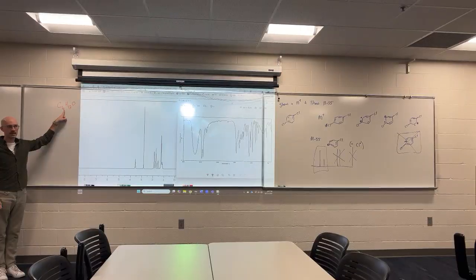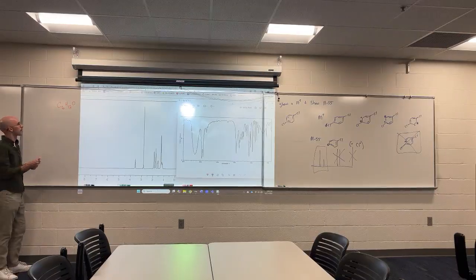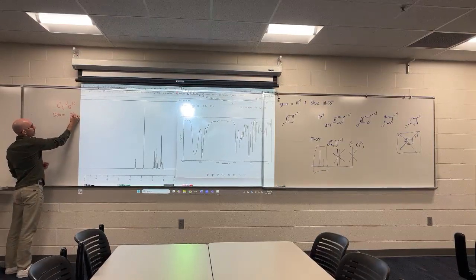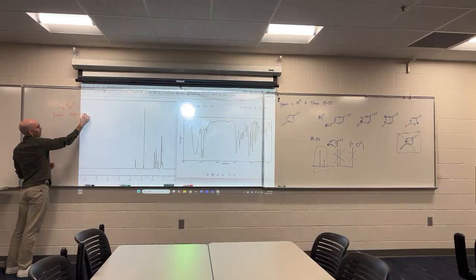Figure out the degrees of unsaturation. I need to know if there's a pi bond in here. I need to know if there's a ring in here. Or I need to know if there are none of those. So degrees of unsaturation: 2 times 6, minus 12.